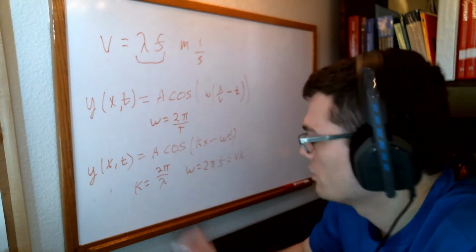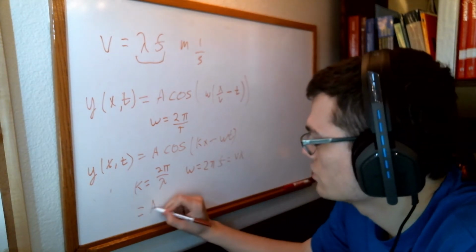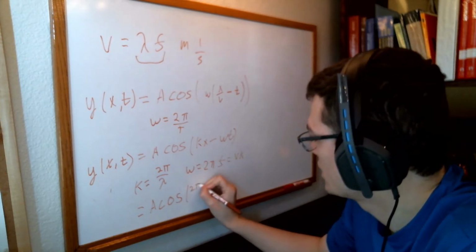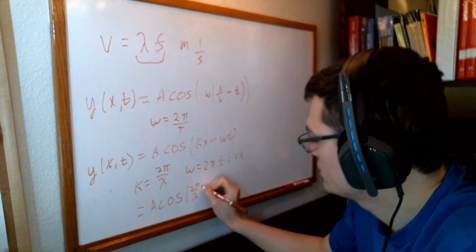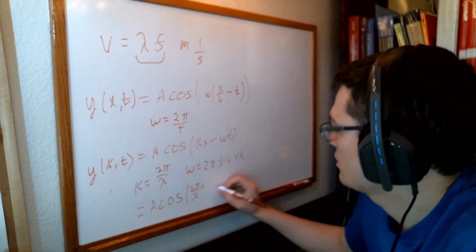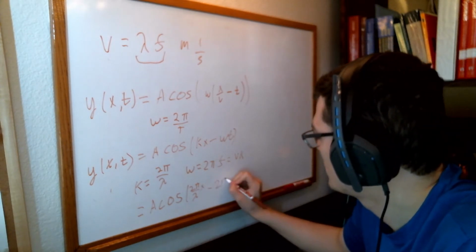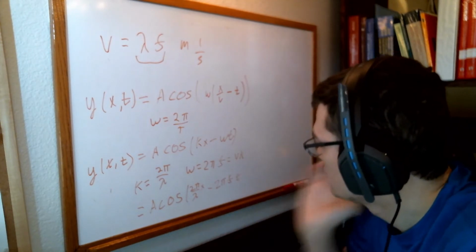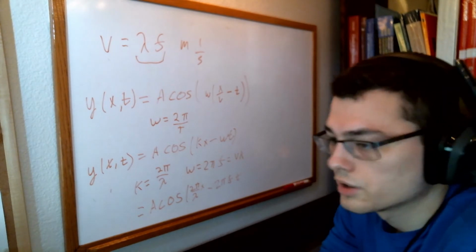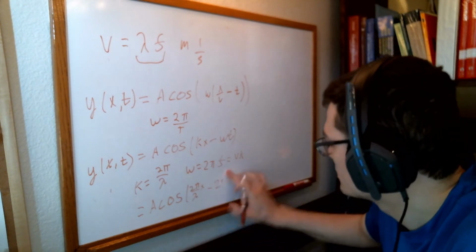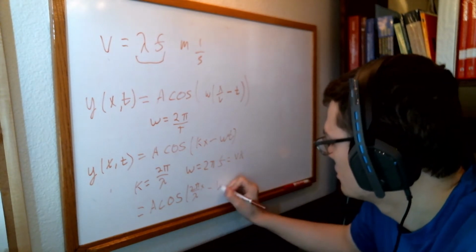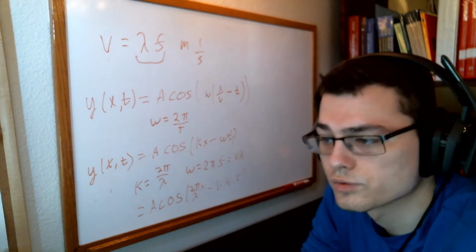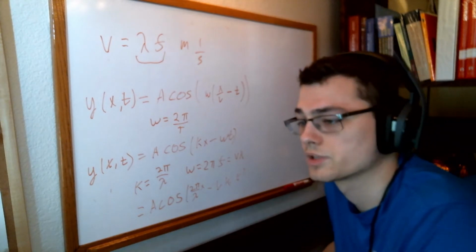If we want, we can manipulate this equation to say that this is A cosine of 2 pi over lambda times x minus 2 pi f times t. Or we can plug in vkt. Any one of those forms would work, and any combination of those forms can work.